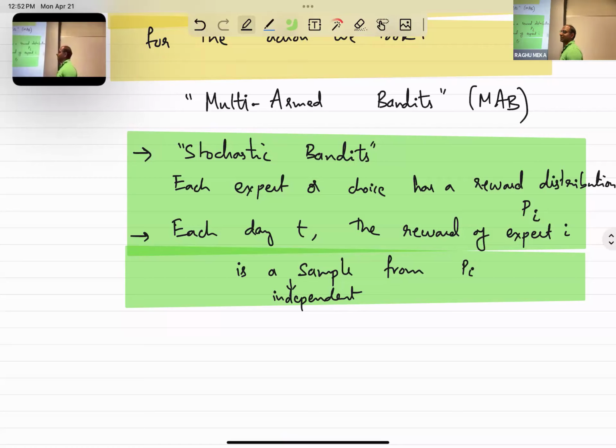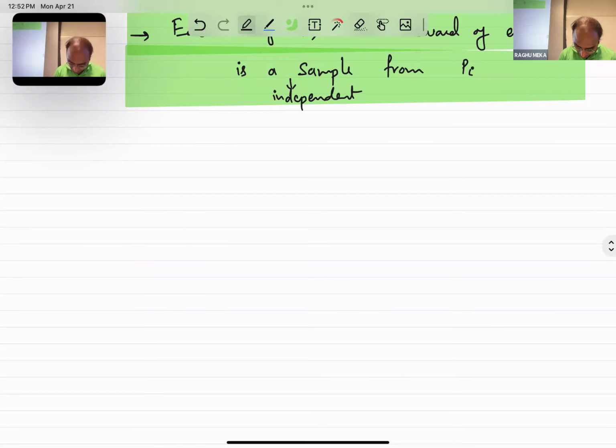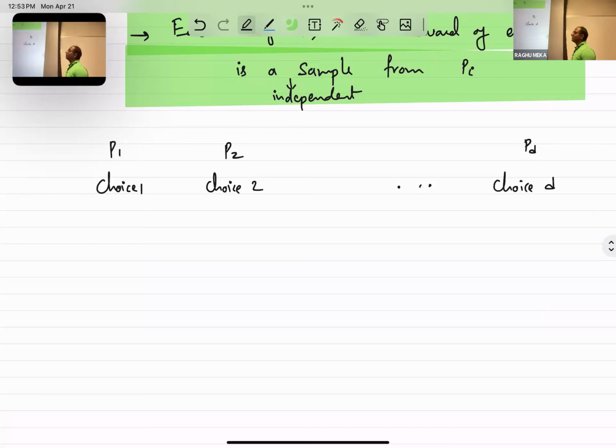Okay, does it make sense? So the game is you have d choices as before. Each one has their own distribution. You don't know the distribution. Of course, if you did, then everything would be solved. We don't know the distribution, right?